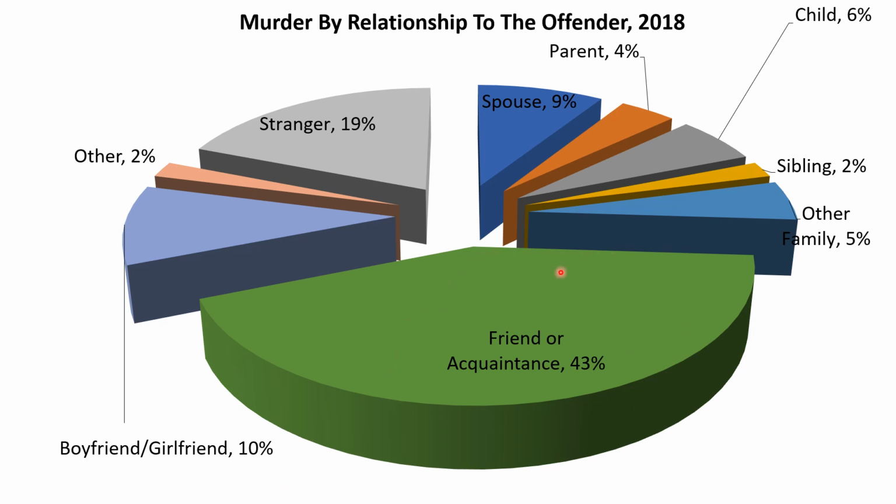That's about 43%. Now, your next highest is strangers at 19%. So there is some semblance of stranger on stranger homicides and murders, but the majority of offenders are someone that they know.